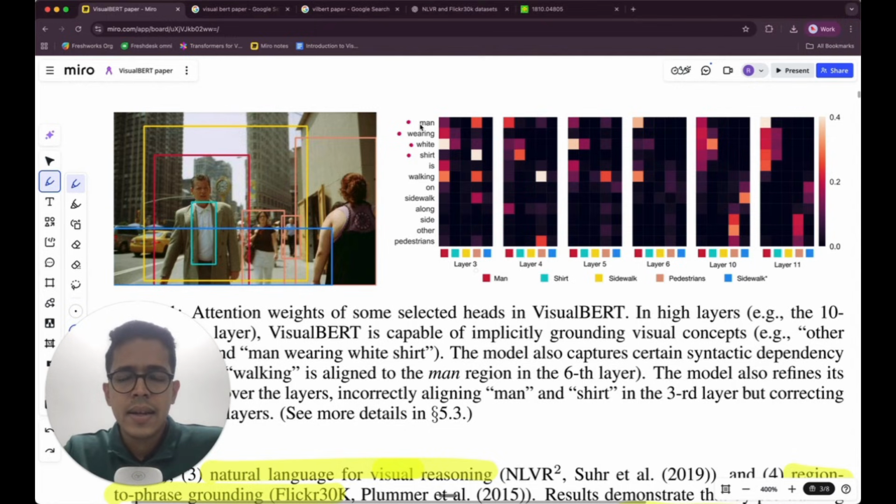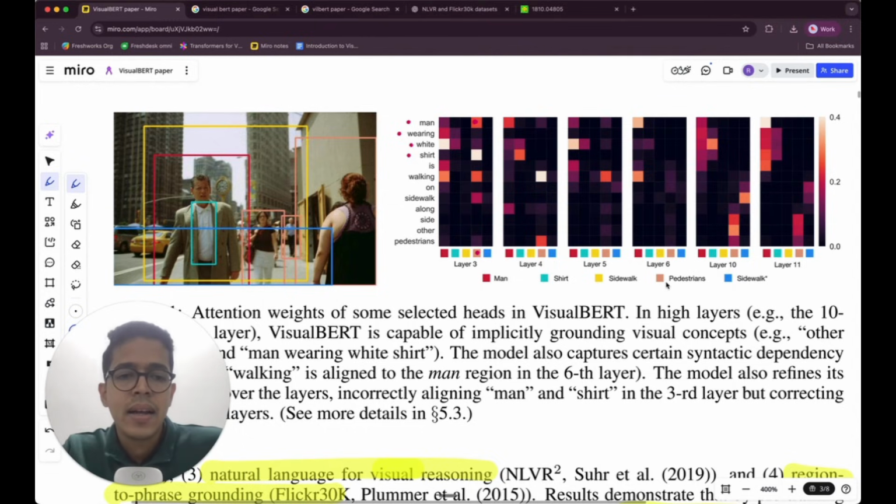In layer 3, does the word man have the highest correlation with this red color box, or this light red box? Actually, the light red box has a brighter color. The color bar values are given here. So the darker the color, the lower the correlation; the brighter the color, the higher the correlation. So obviously for layer number 3, the correlation between man and this light red is the highest.